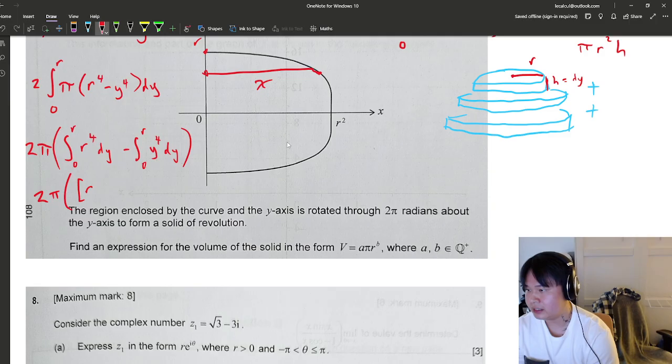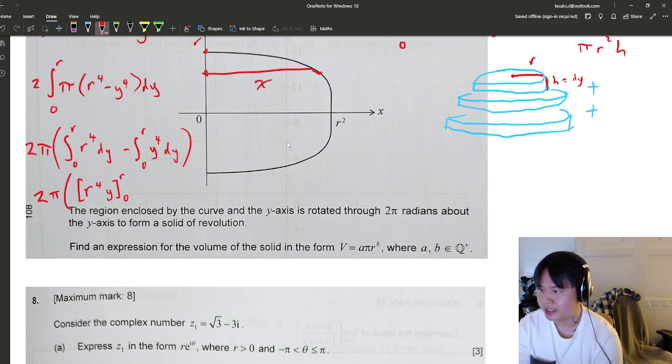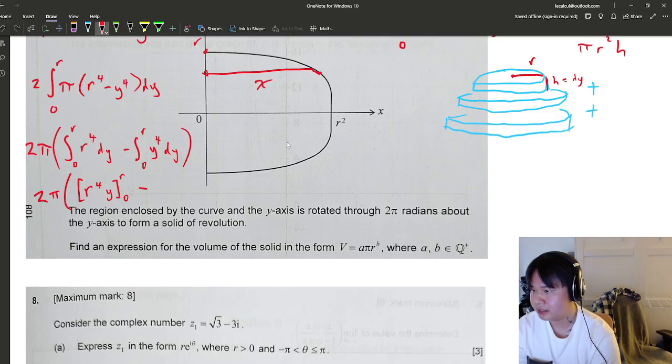We got r to the power 4, that's just the constant, times y, evaluated from 0 to r, minus 1 over 5 y to the power of 5, evaluated from 0 to r.